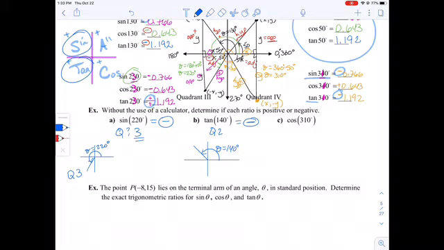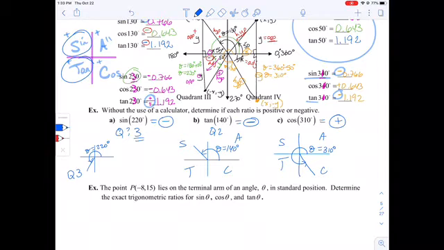And then cosine of 310, again, which quadrant am I in? Okay, 310, just over here somewhere. Okay, so theta is 310 degrees. And so in this quadrant, cast rule, cosine is positive in that quadrant, okay?